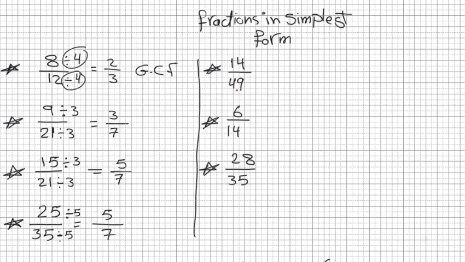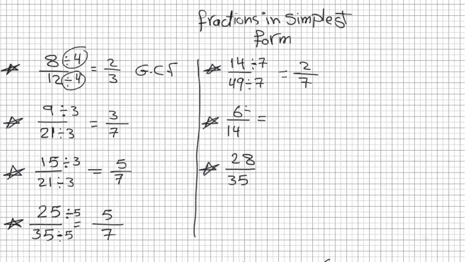14 over 49. We can divide both by 7. 14 divided by 7, 2. 49 divided by 7, 7. 6 over 14.